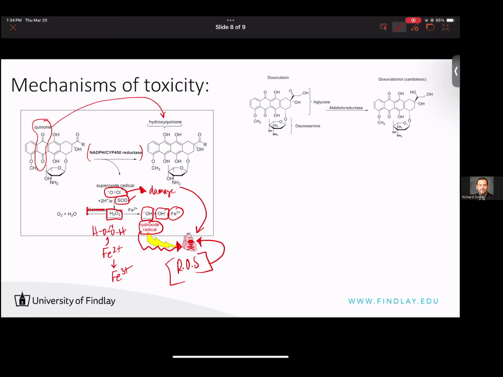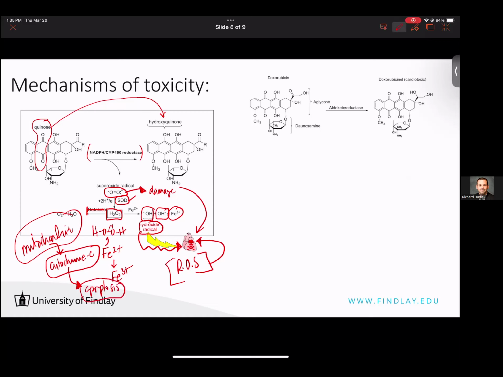Also inside the mitochondrion, or the mitochondria in the heart, as the mitochondrial membrane gets damaged secondary to the production of all of these radicals, the mitochondria will release something called cytochrome C. And if you remember back, cytochrome C is a very potent inducer of apoptosis.